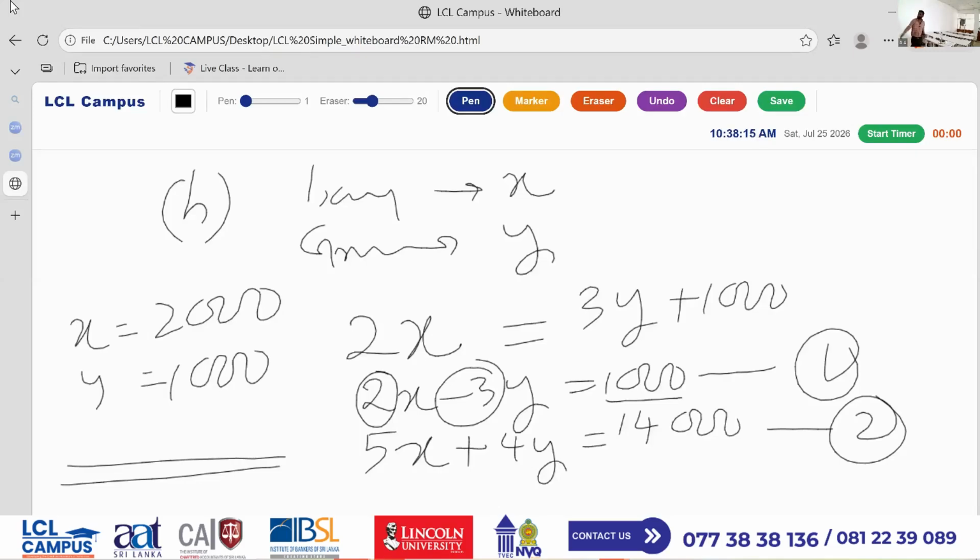Because 4 marks are given, this much of things you need not do. Right? It's okay. Prepare the equation and using the calculator we can solve it.